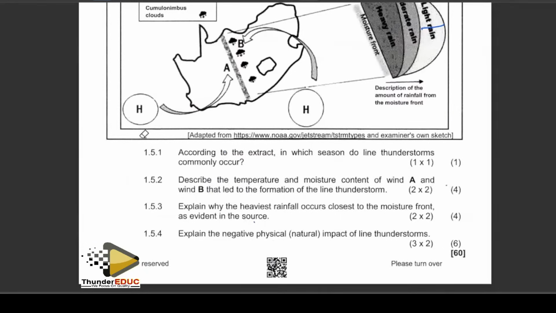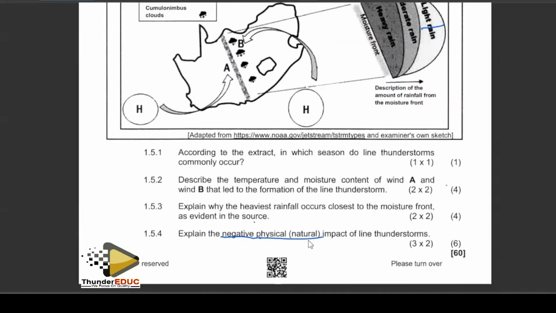It wants the negatives. And what kind of negatives are required? It's negative, physical, or natural impact, which means you cannot talk of negative impacts which are non-natural here. You only need to focus on natural impacts.